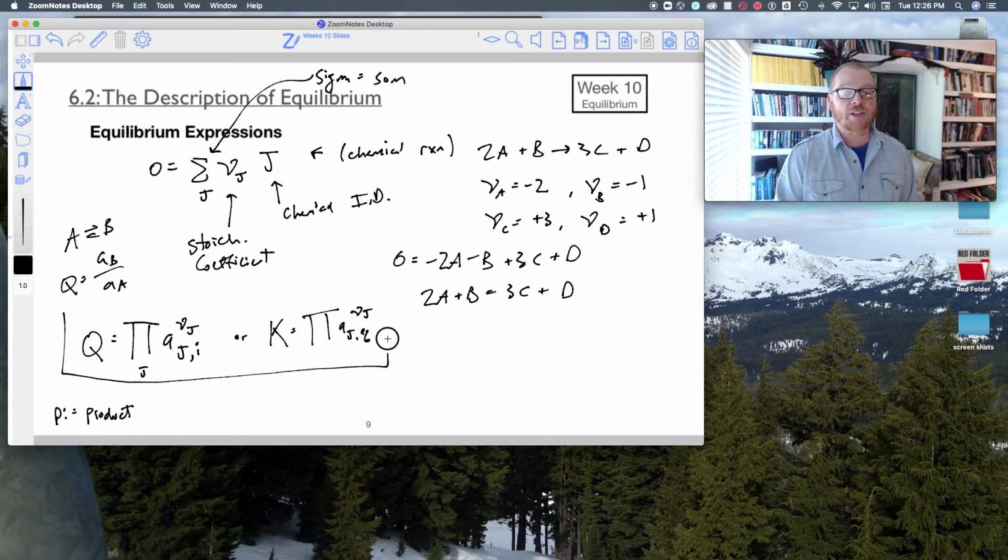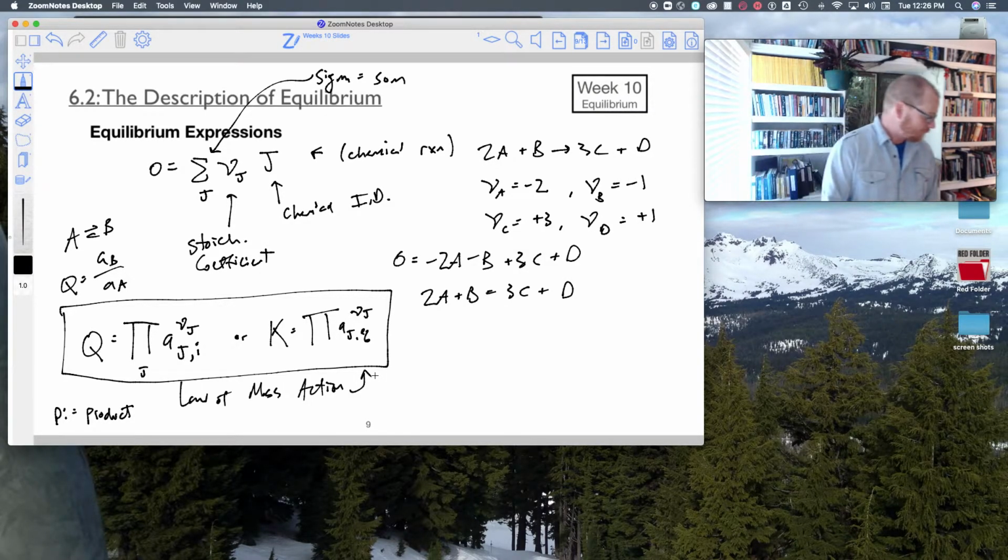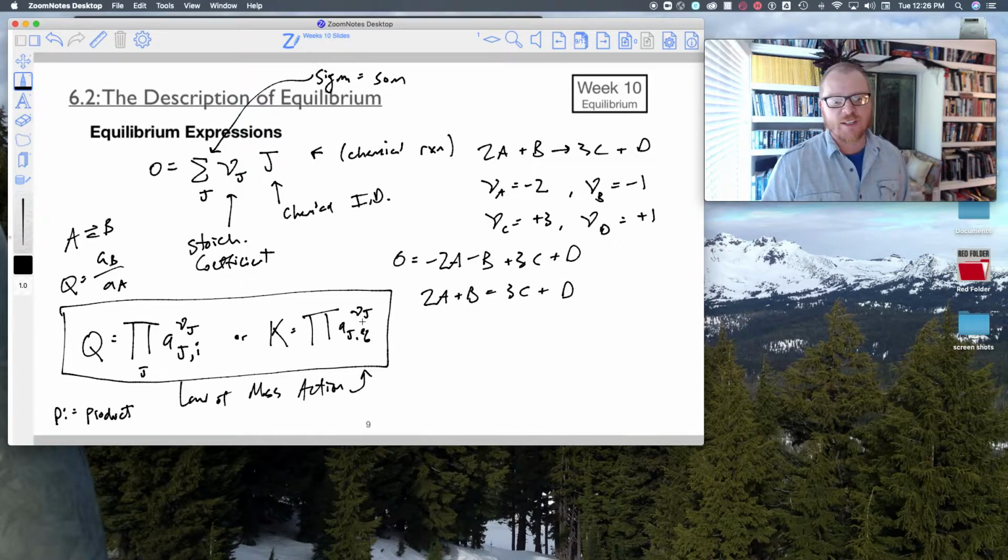This is actually the law of mass action. That's how you establish the equilibrium expressions. So let's write all of that down now. It works either way for Q or K. It just depends on if you're talking about your initial activities or your equilibrium activities. So I'll just write this down for K.